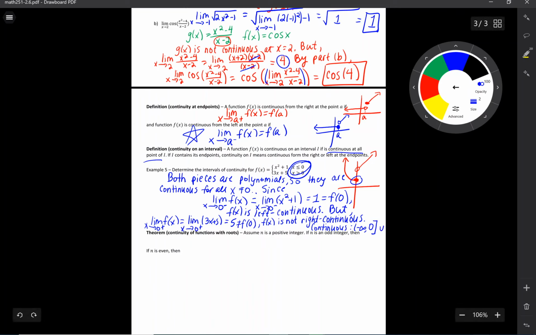And then I'm not continuous at 0 on the right, so I put a parenthesis there, 0 to infinity. So this is how I write it. This is where I am continuous. Negative infinity to 0, including 0 from the left, and 0 to infinity, not including 0 on the right.